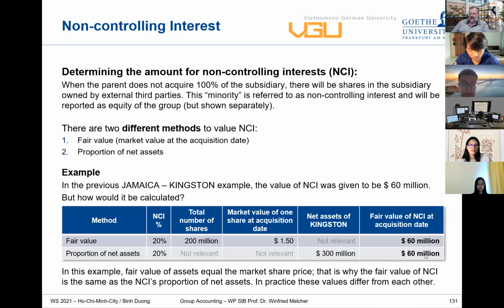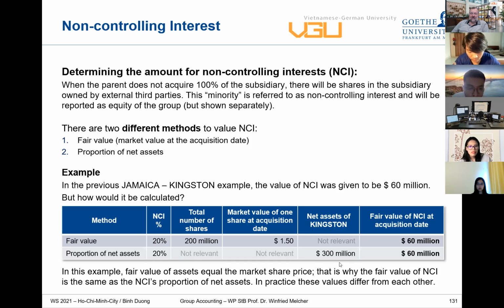So you should not expect, when you do that calculation, that if you have a stock exchange number and you can see the market value of one share, it would be the same as the net assets multiplied by 20%.